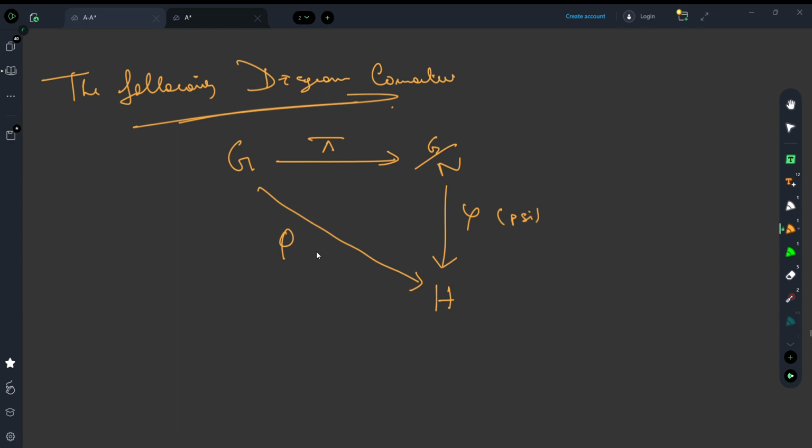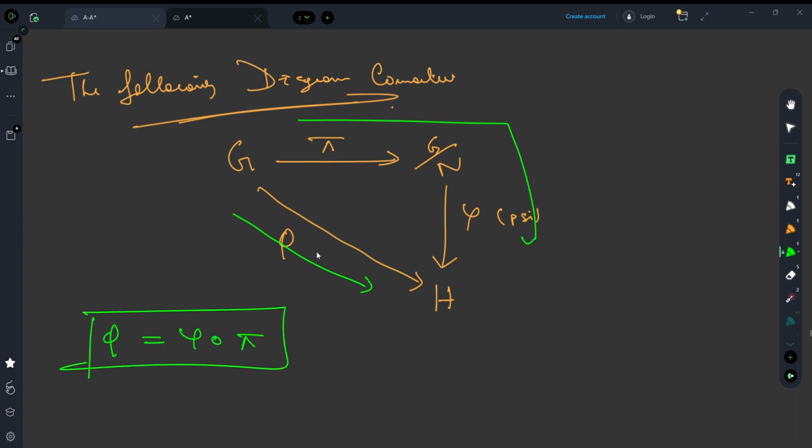Commutativity means that approaching H from here or directly from here is the same. That is, phi is nothing but psi composed with pi. That is what commutativity means: if you want to reach a certain point, you can move either way. You can move from here or you can move from here.